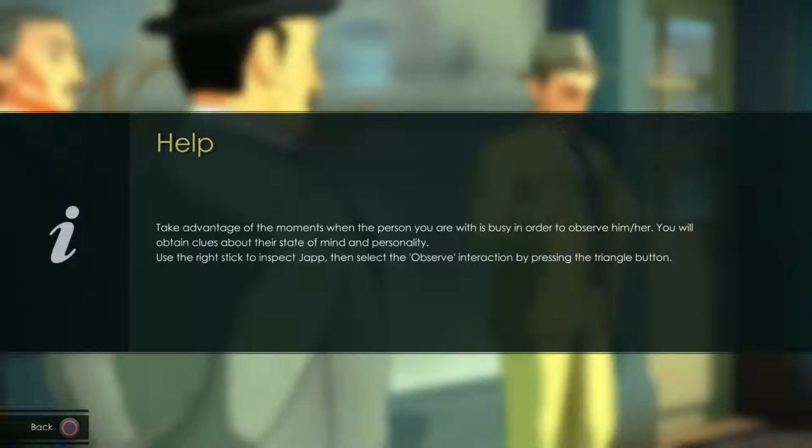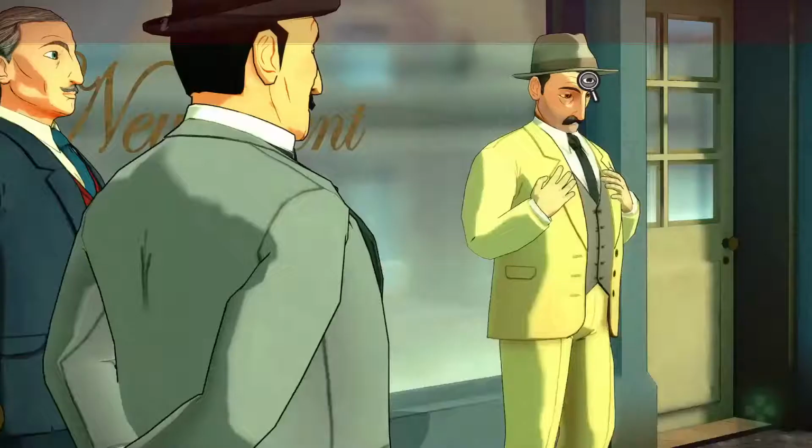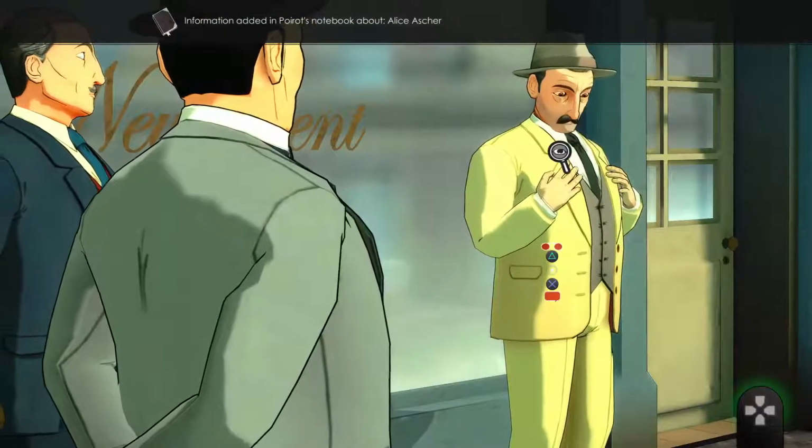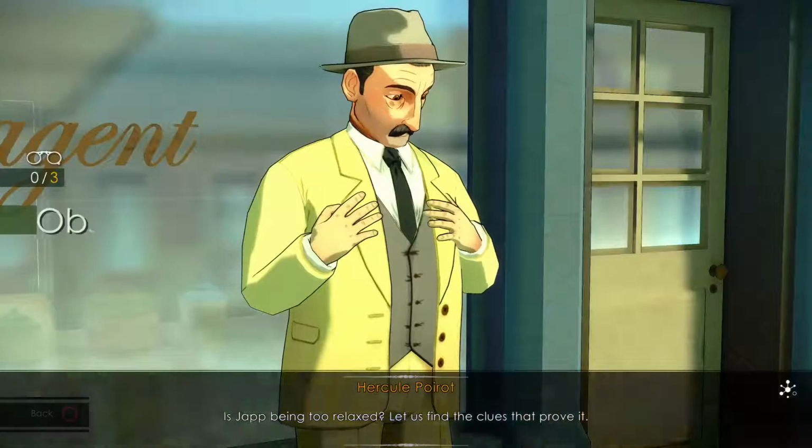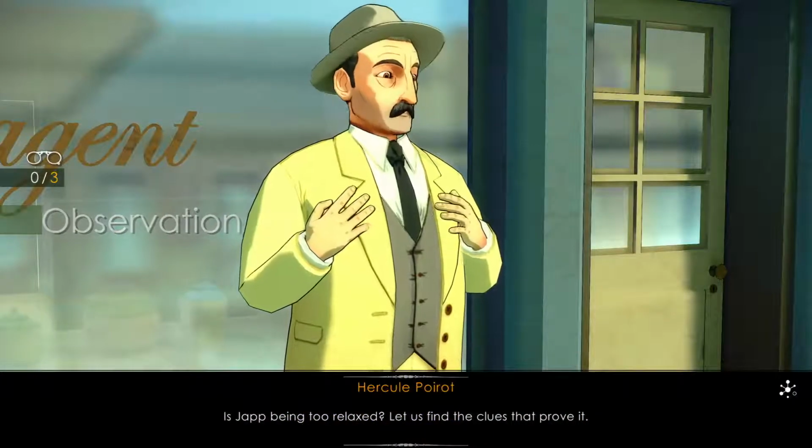I never played Nancy Drew, but find 3 clues that agree with Hercule Poirot's remark. Use the right stick to guide your gaze. Okay. Is Japp being too relaxed? Let us find the clues that prove it.